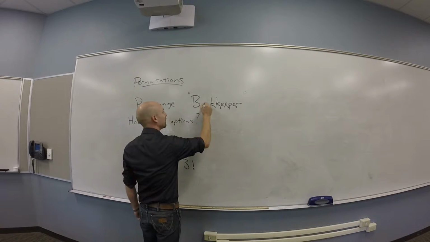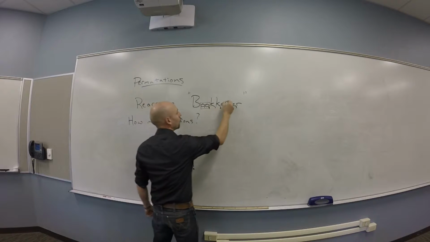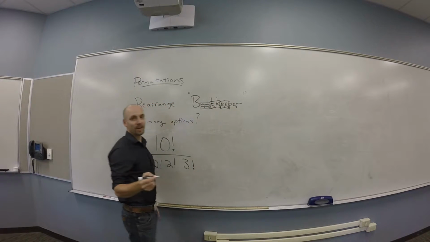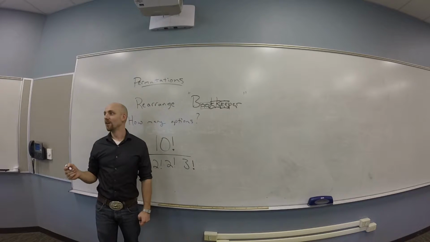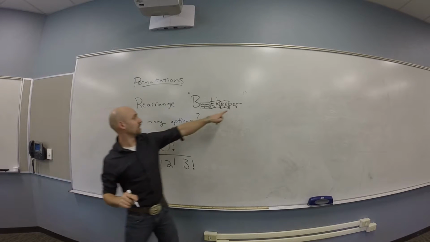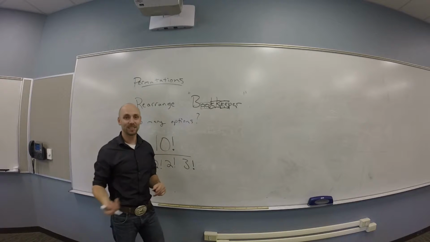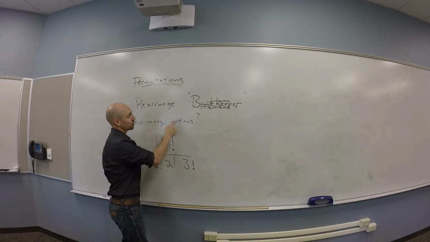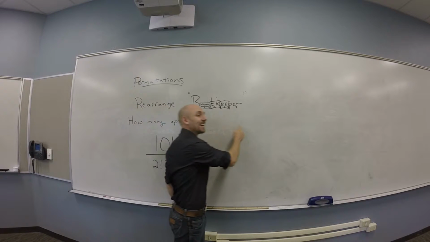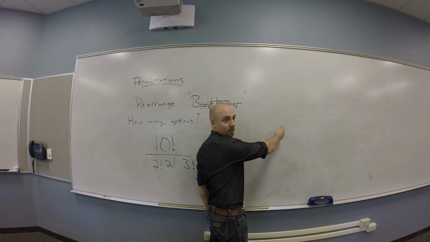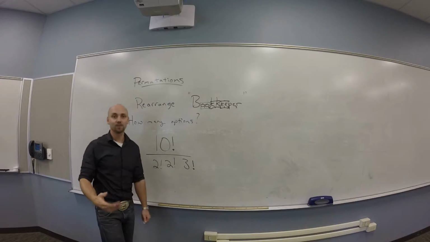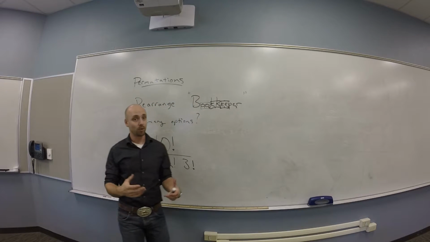Yeah, so that's a fair point. Why aren't I counting the double letters as kind of one object? For one thing, there's another E, and they don't have to stay together, right? If I said, how many options are there to rearrange bookkeeper and keep the O's together, then yeah, treat them as one object. We'll do that sometimes when we're talking about people.